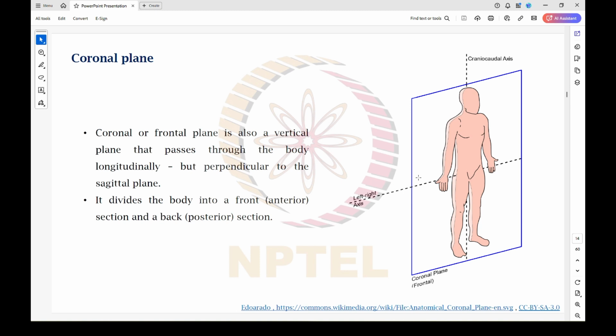The next is the coronal plane or the frontal plane, which divides the body longitudinally, perpendicular to the sagittal plane. It divides the body into front and back portions, and it passes through the left-right axis.